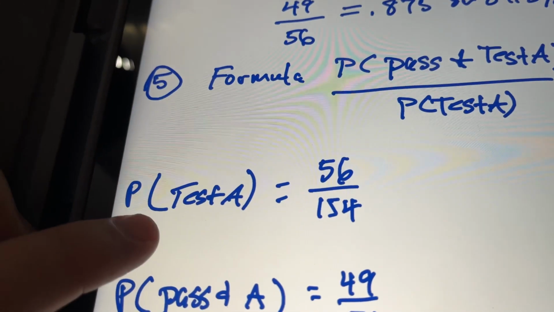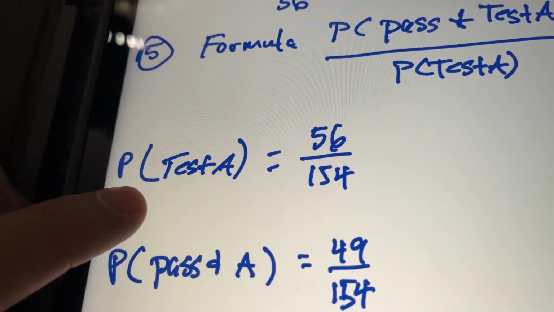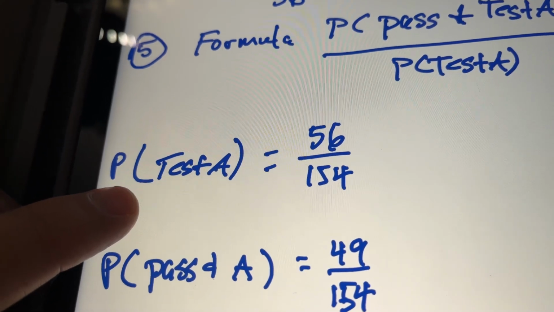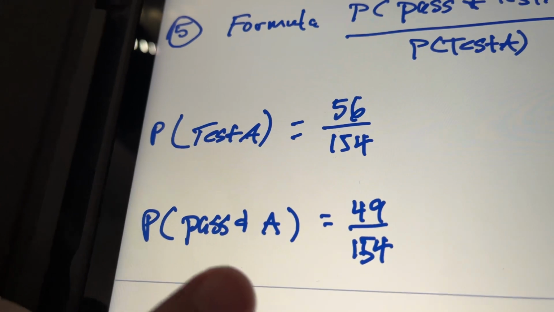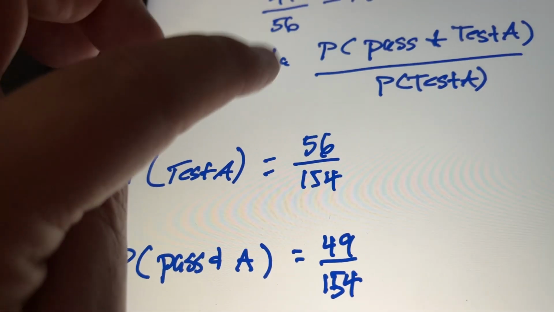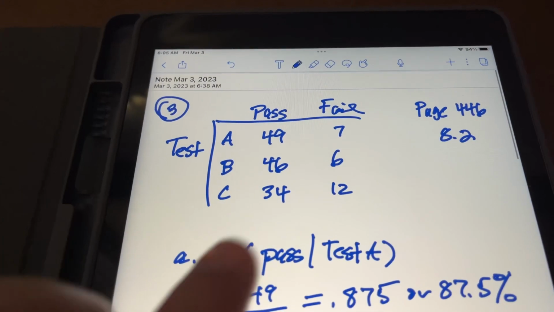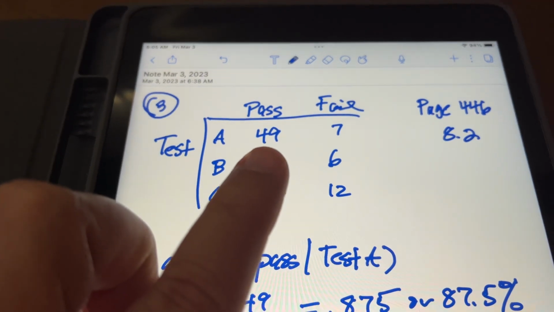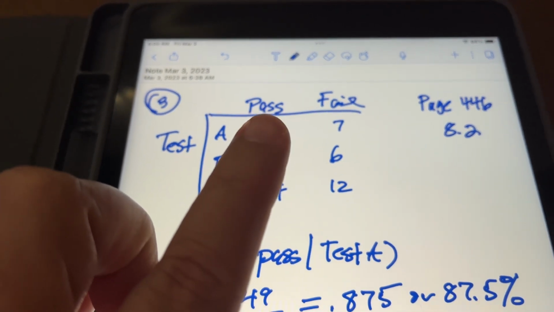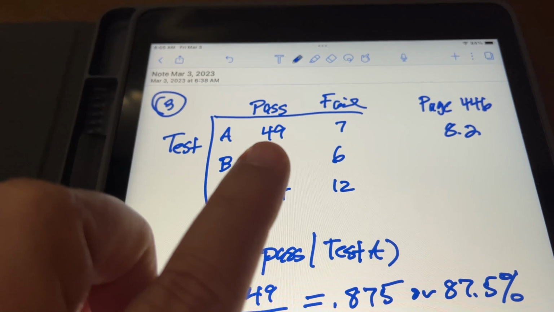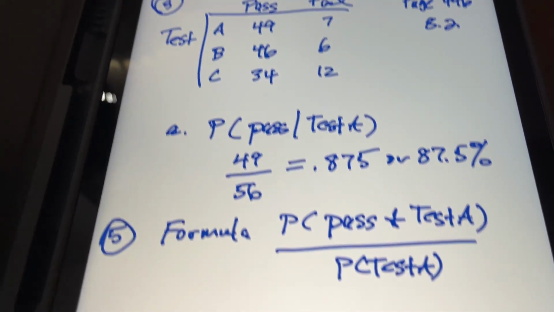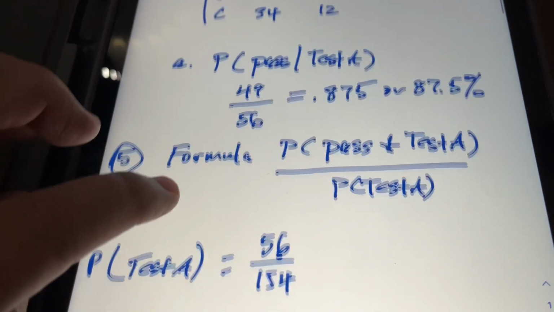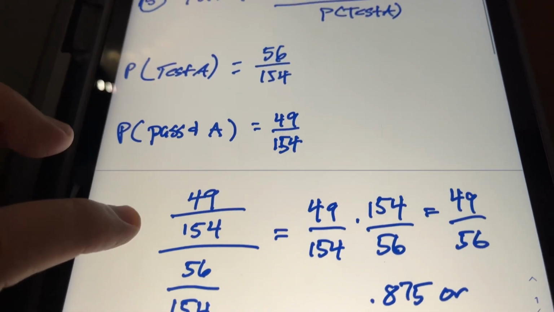So the probability that somebody took test A is 56 over 154. Now the probability that somebody passed and took test A is 49 over 154, because if you passed and you took test A, there are only 49 of those out of a total of 154. So using this formula, we would do just that.